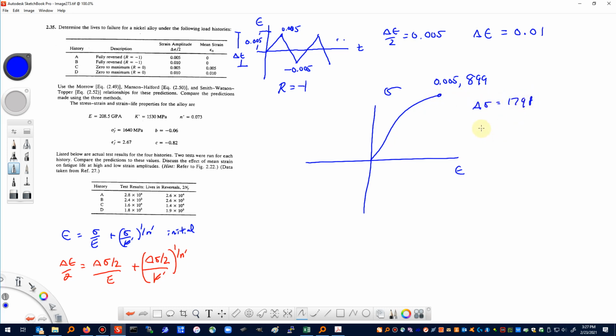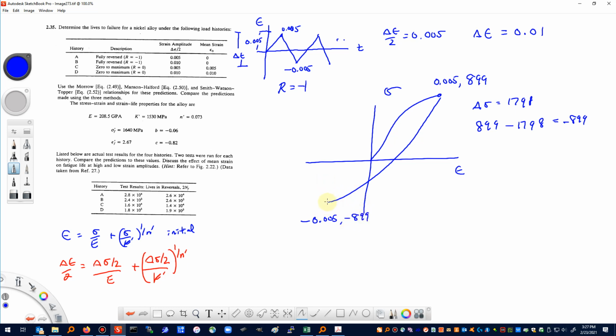So where do I end up? If I'm at 899 and I'm having a decreasing branch, I'm going to subtract 1798. I get down to minus 899. So now I'm at minus 0.005 and minus 899.